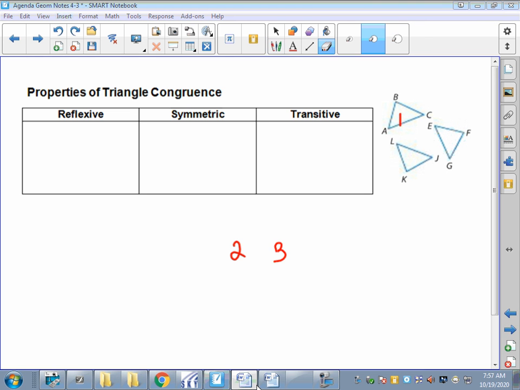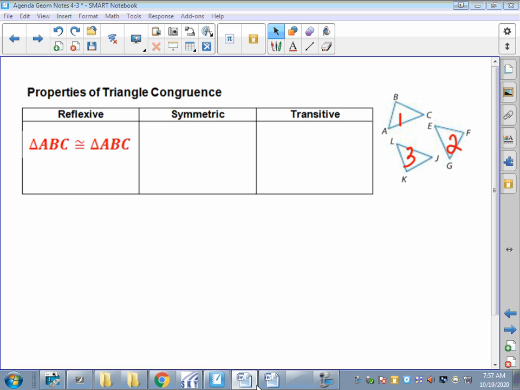Reflexive property says anything is equal to itself. So I could say something like triangle ABC is congruent to triangle ABC. Seems dumb, I know, but we use this sometimes if we're doing proofs.